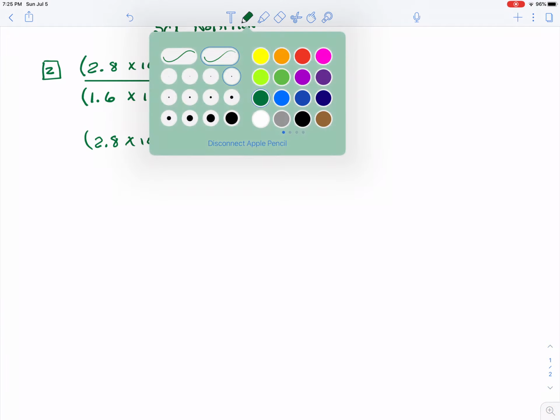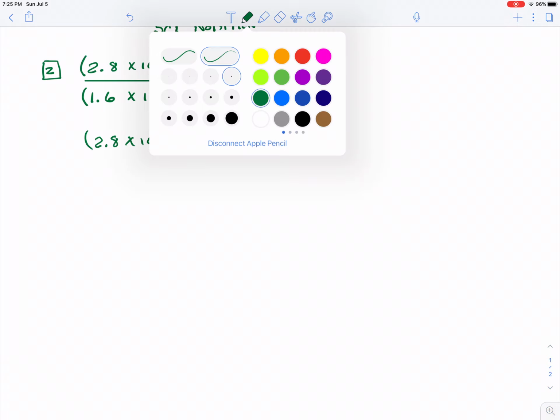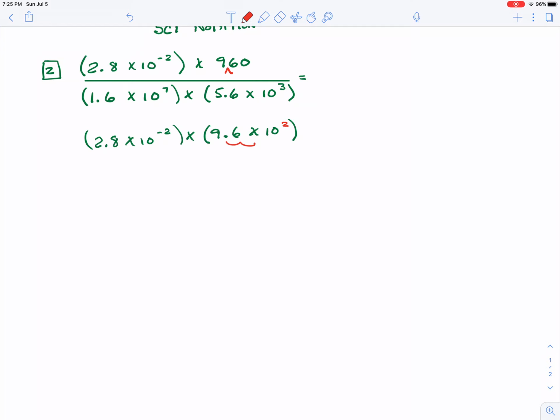You're placing the decimal point so that it falls right after a single non-zero digit. And of course, you'd have to move this 2 places to the right to get back to the original. All right, so then let me just copy again this part on the bottom. And then I'll start to do the work.